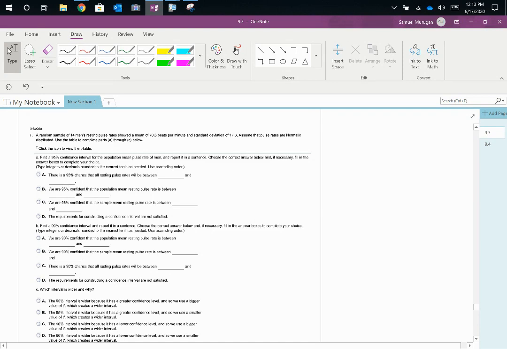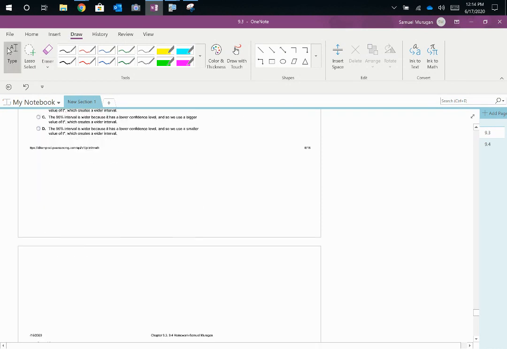All right, here we go. A random sample of 14 men's resting pulse rates shows a mean of 70.6 beats and a standard deviation of 17.8. Use the table to complete parts A, B, and C below.